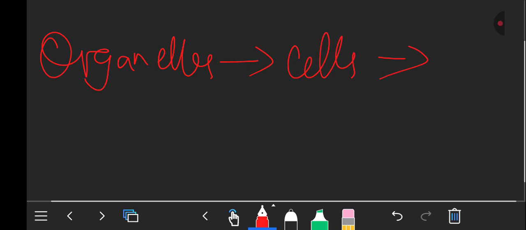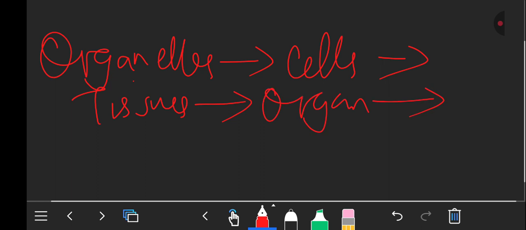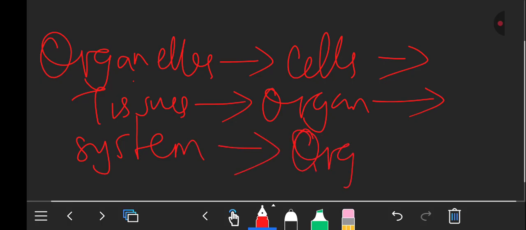Then these cells also combine to form what are known as tissues. These tissues also combine to form an organ. These organs will further combine to form a system. Now, a group of systems is what is going to form an organism.